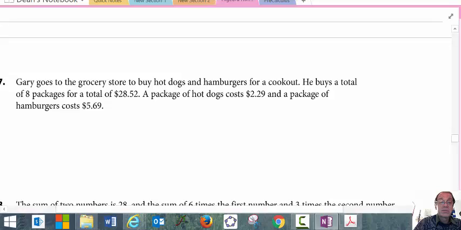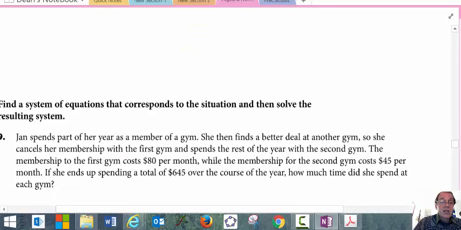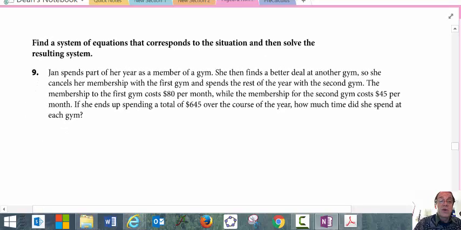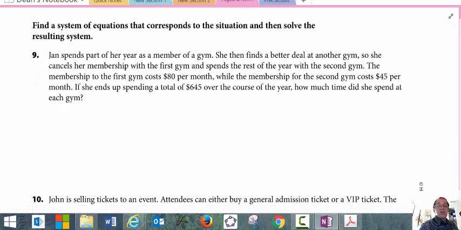Okay, so now we're going to go to the next section, which starts off with: find a system of equations that corresponds to the situation and then solve the resulting system. So Jan spends part of her year as a member of a gym. That sounds a lot like the first question. She then finds a better deal at another gym, so she cancels her membership from the first gym and spends the rest of the year at the second gym, and the cost is per month.